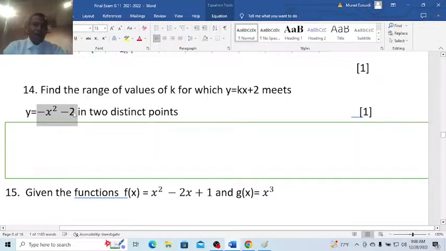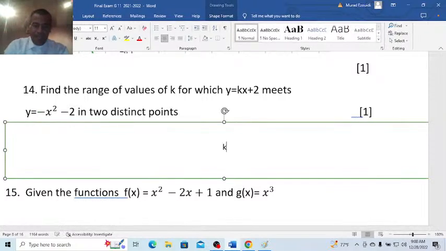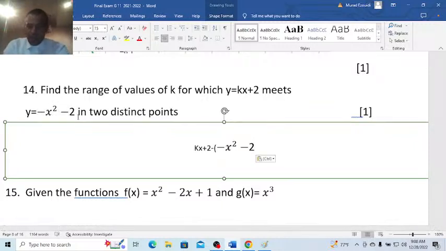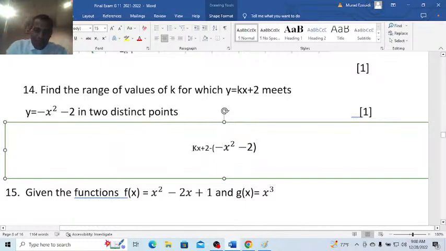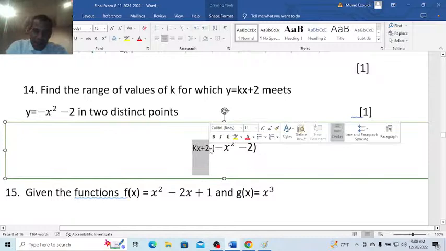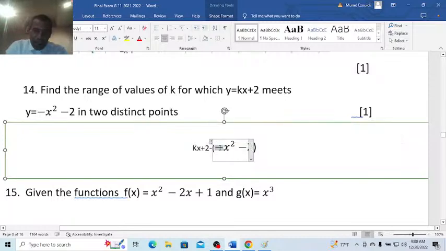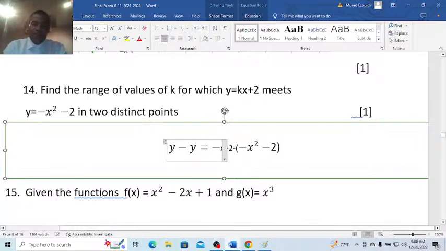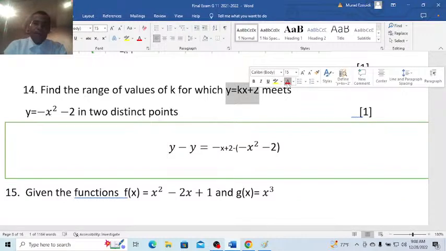You can tell that y minus y is 0, therefore I will take the first equation minus the second equation.